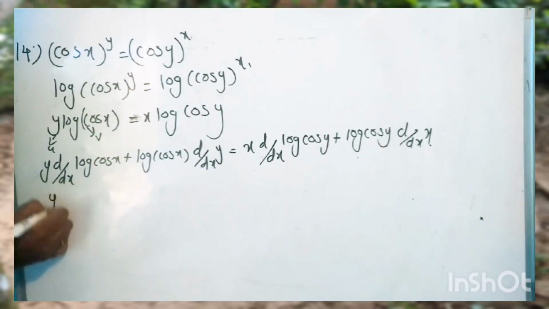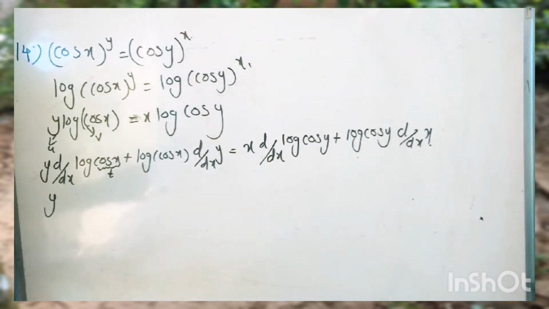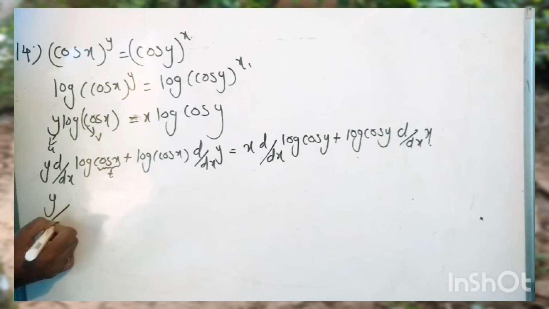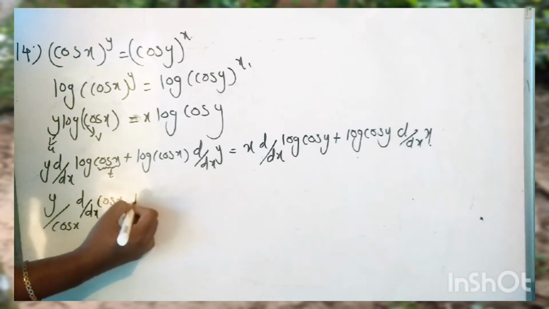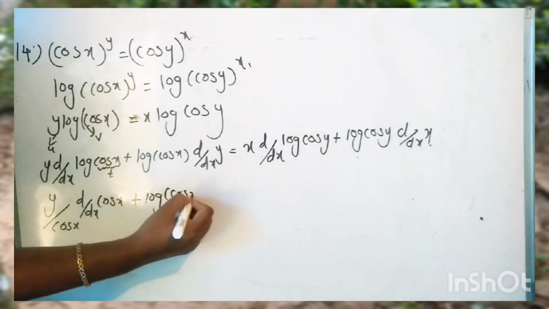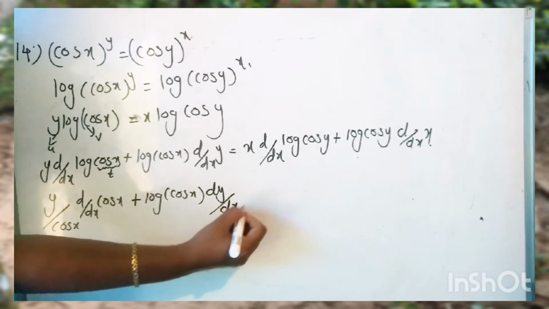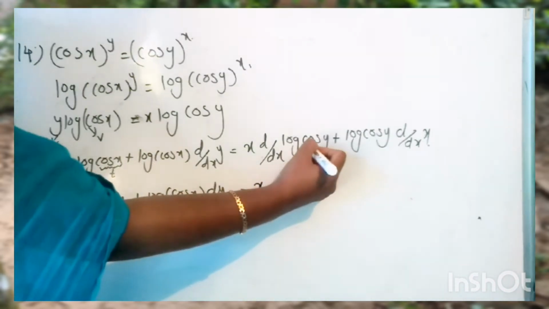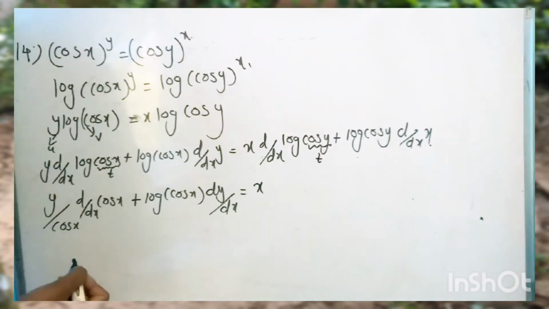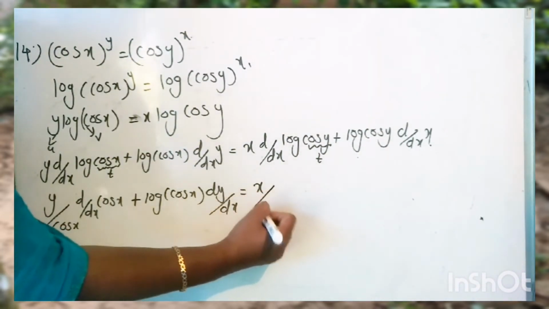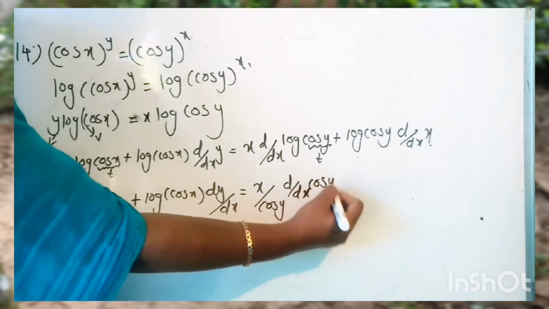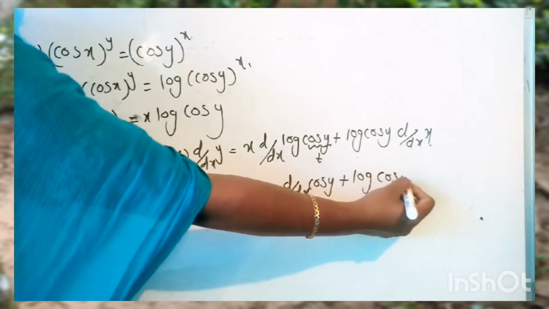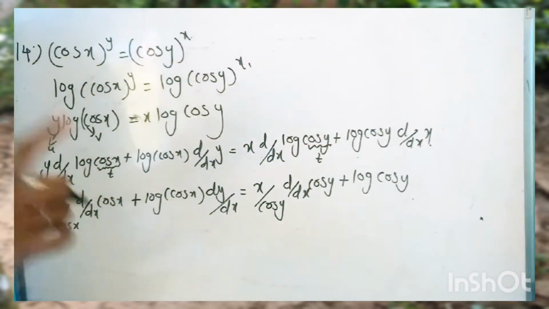Consider cos x as t, then we have log t; the derivative of log t is 1 by t, that is 1 by cos x, and we need to take the derivative of cos x. Similarly, for the right side, 1 by cos y, and we need to take the derivative of cos y, plus log cos y into the derivative of x with respect to x, which is 1.